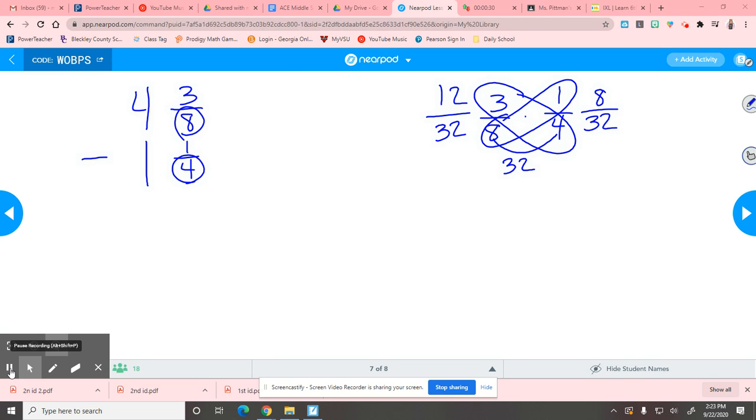Now we have 12 minus 8 equals what? 4. We have 4/32. So over here, I can do 4/32. That's what we found out as these two were subtracted. What's 4 minus 1? 3.